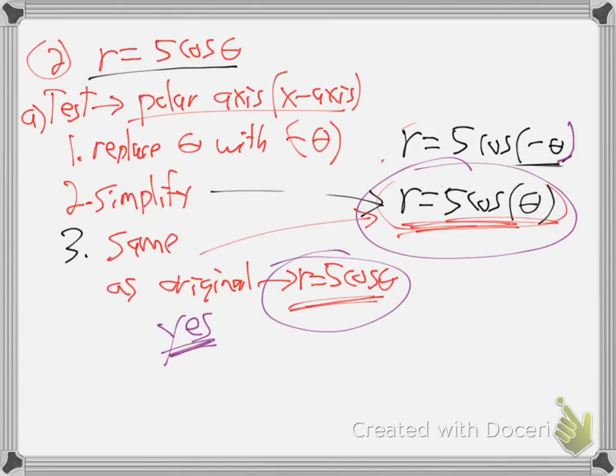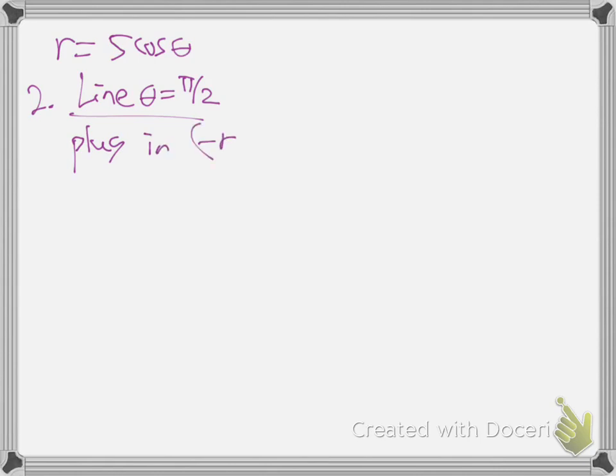Test number 2. So we're still dealing with r equals 5 cos theta. Test number 2 is the y-axis, or the line theta equals pi over 2. What do we do? Plug in negative r and negative theta, both.